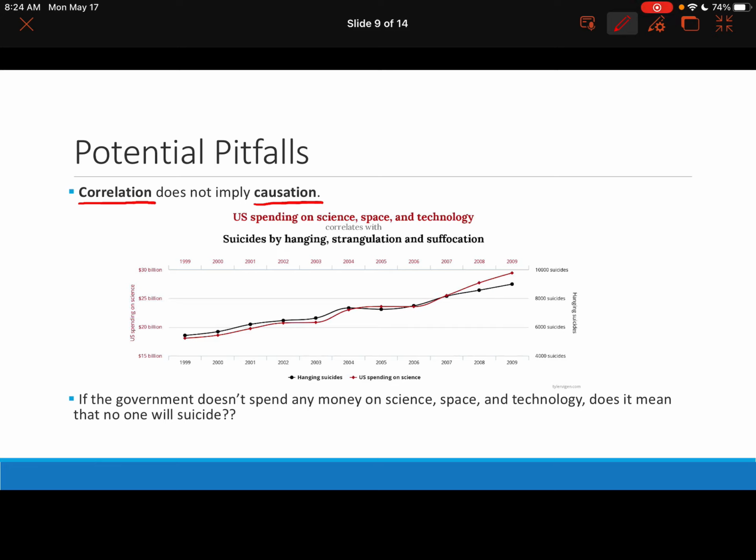You can see from this plot, from 1999 to 2009, you have the number for each. The red dot represents the spending. The black dot represents suicide. So these two have a very close relationship. They increase at the same pace, and they are almost identical. That means they have some correlation.